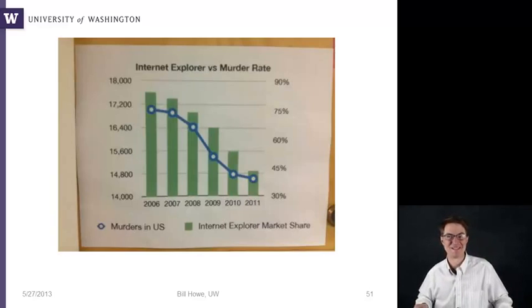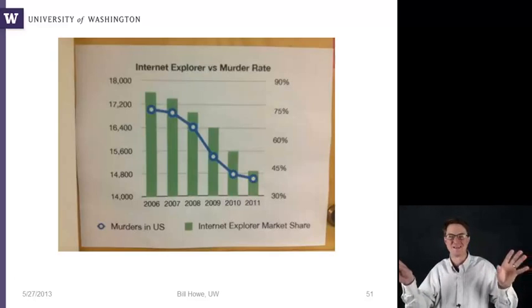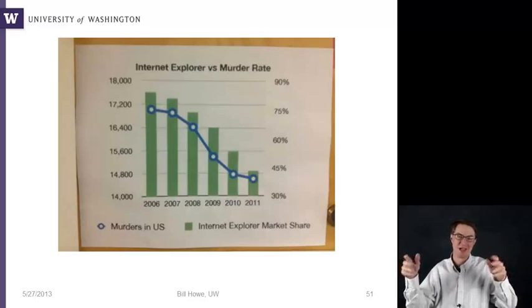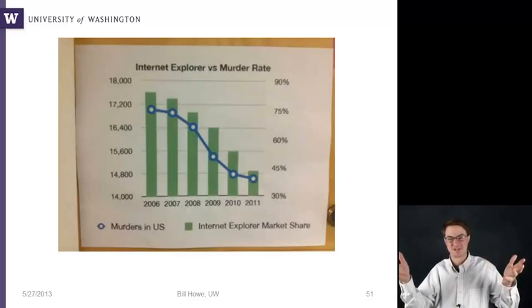This is the murders in the US in blue, along with the market share of Internet Explorer in green, and the corresponding discussion that went along with this plot was somewhat amusing, right? Talking about various theories for why the murder rate goes down as Internet Explorer market share also goes down. But the point here is that without some common sense, or without understanding the scenario of the problem, you can make discoveries of this form.